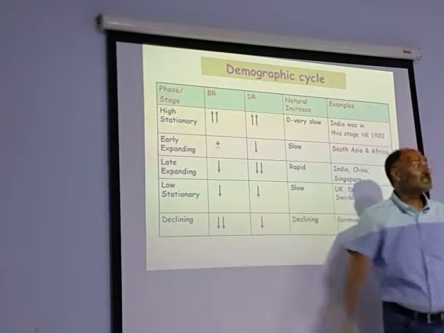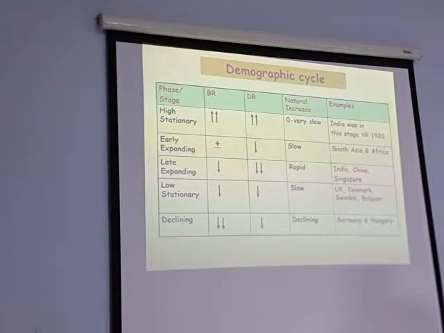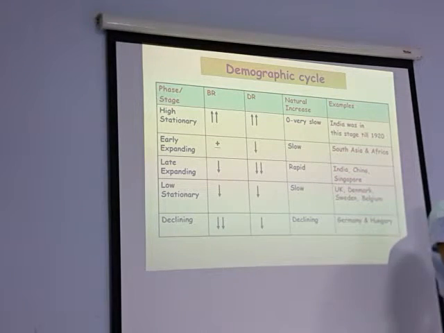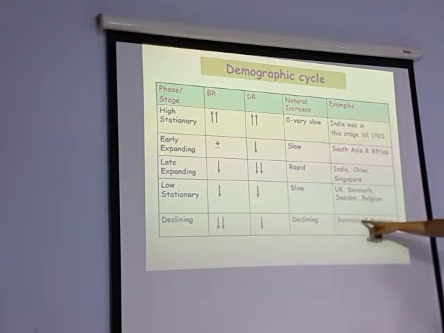Then there is a phase called the declining phase. Declining phase means that birth rate has decreased very much, but death rate has not decreased to that extent, or it has remained stationary. Overall, the number of people in that country decreases. That's called declining. So in Germany and Hungary, the population is decreasing. So they are giving incentives to couples, they are giving money to have more kids.